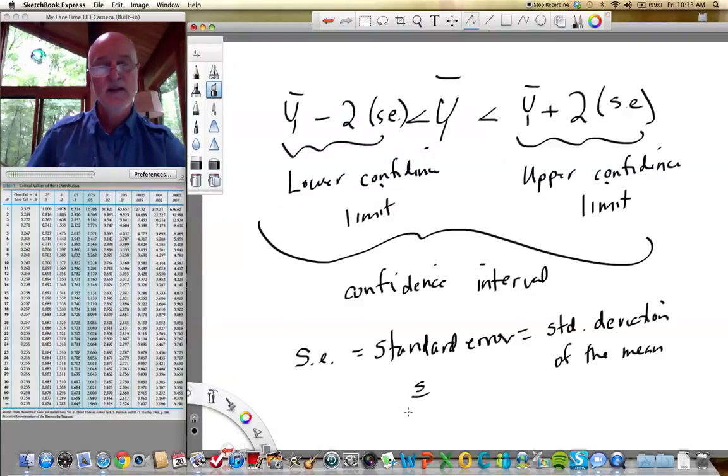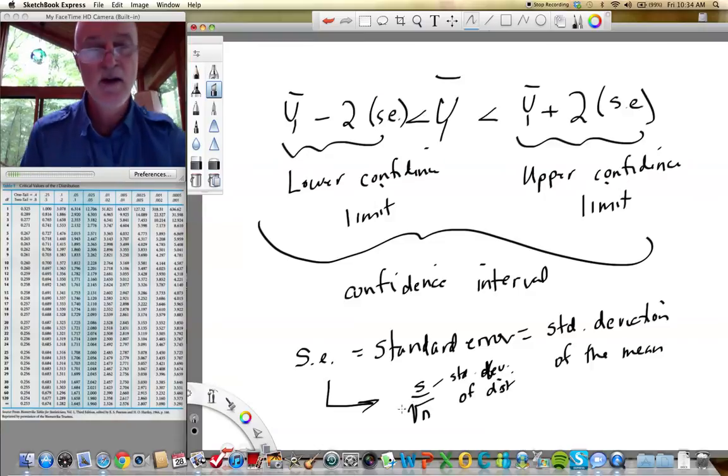And that's given by s over the square root of n, where s is the standard deviation of the distribution. You should have learned the standard error in a previous course somewhere, but if you haven't, go back and review that concept. It is the standard deviation of the mean, and so that's what we're putting in here.